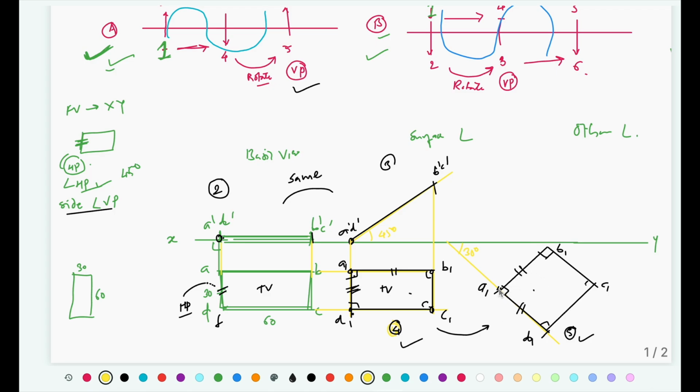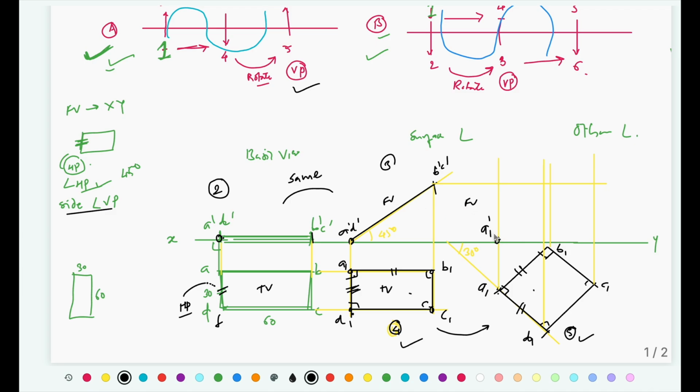Now for the final view, project all the points vertically upward. Take the projections from this first front view. Now connect the respective points. So the projector of A from the top view, the projector of A from the second front view. This is A1 dash. The nomenclature is changing because this front view and this front view are going to be different from each other.